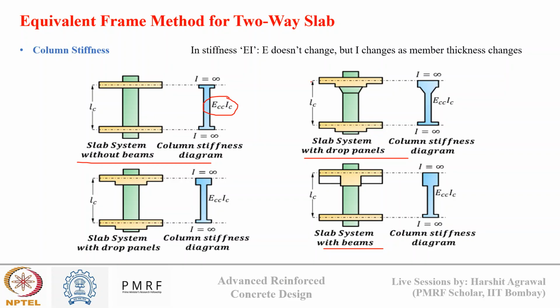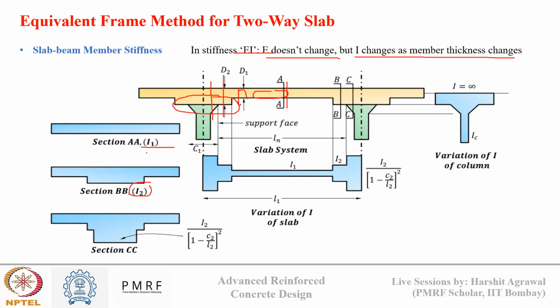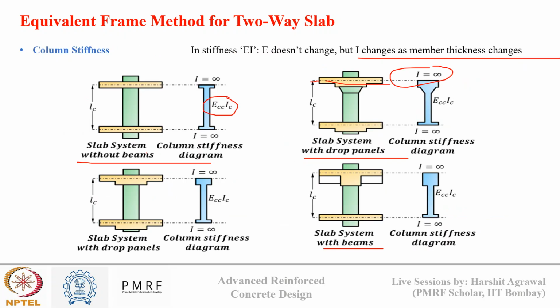However, as we go to the edge, the beam and the slab also come into the picture, so the moment of inertia increases significantly, and we say I tends to infinity. Okay, so here also I changes as the member thickness changes. So that's why we can't just use the simple formulas of 12EI by L or 4EI by L anymore. We need to take the assumption of changing effective depth and changing section type into account.